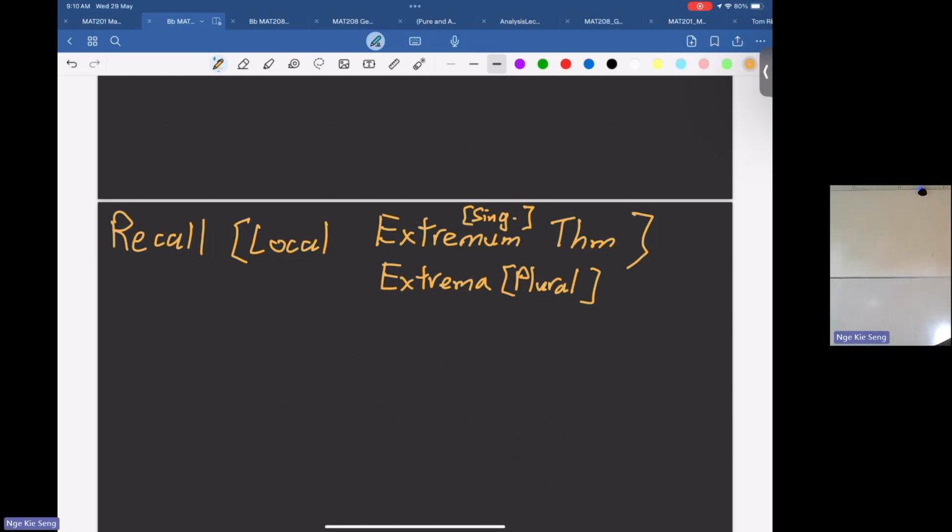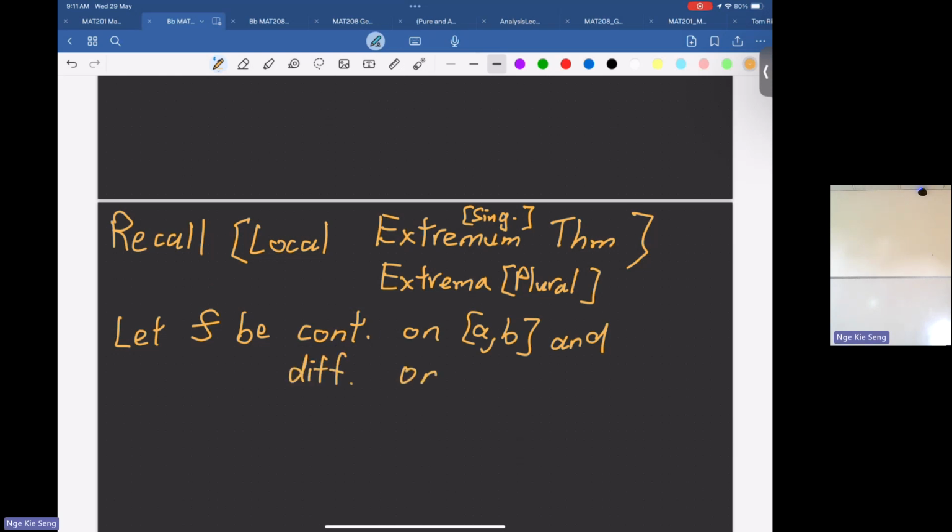So what is the local extremum theorem saying? Anyone remember? Let f be continuous on a closed interval and differentiable on the open interval (a, b). Note the difference between these two: I just throw away the endpoints.